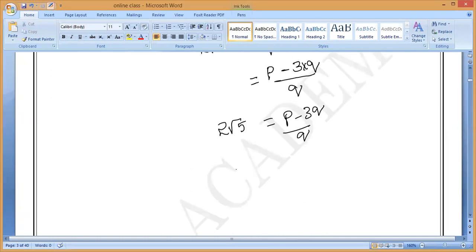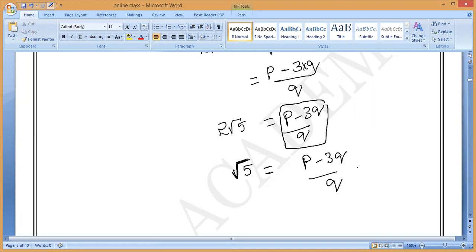See this one, P by Q is rational, minus any integer. Is it rational or irrational? Rational only. So root 5 equals P minus 3Q by Q, and the 2 comes to this side.